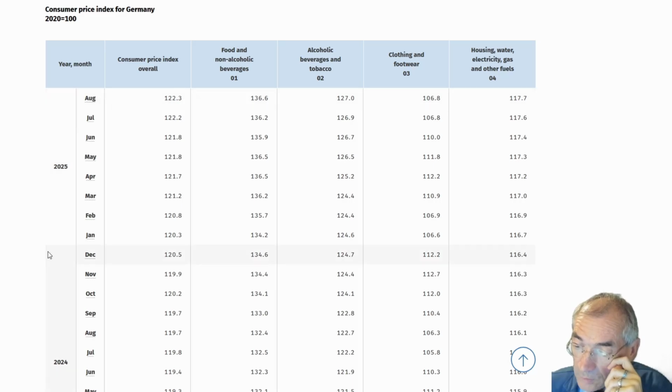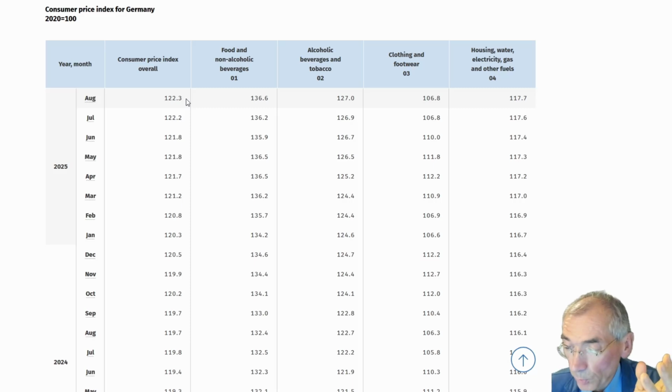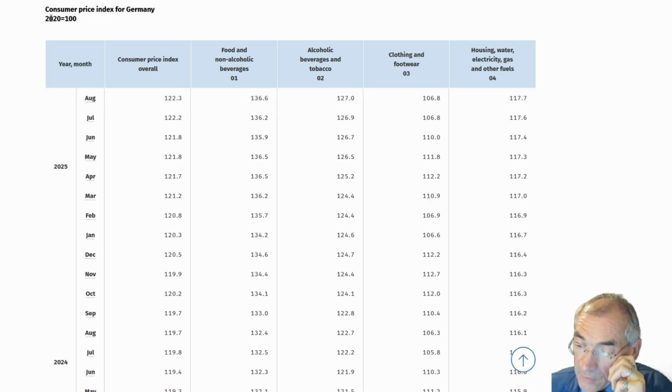And it says for August 2024, the consumer price index is 122.3. What is that about? For food, it's 136. For clothing, it's 106, and so on. And all this is based on 2020 equals 100.